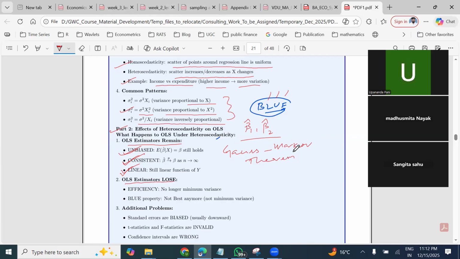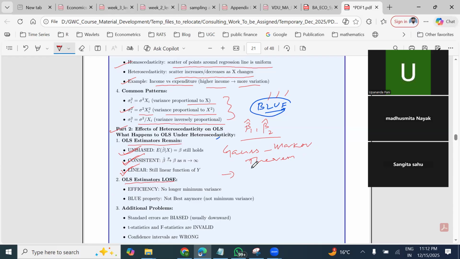So basically this theorem is to find out the best linear unbiased property of an estimator. Best linear unbiased estimator. Clear? Yes, sir.